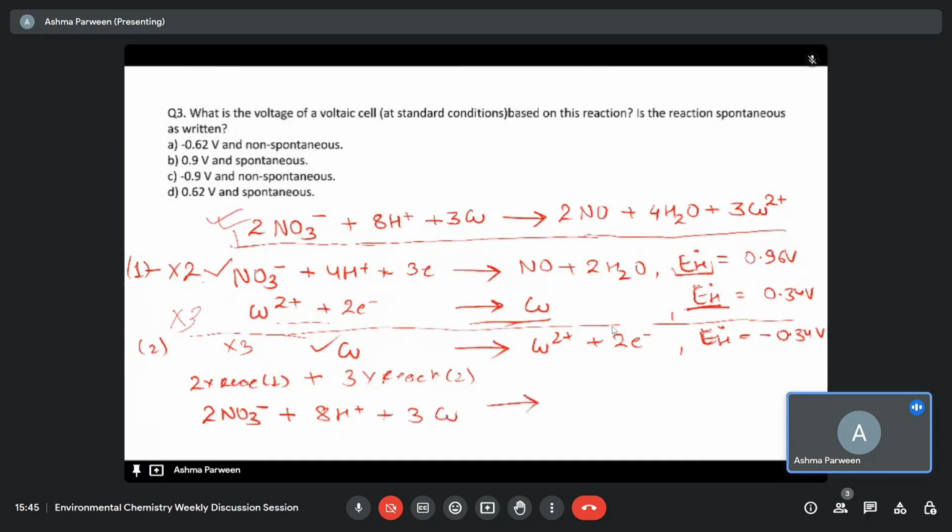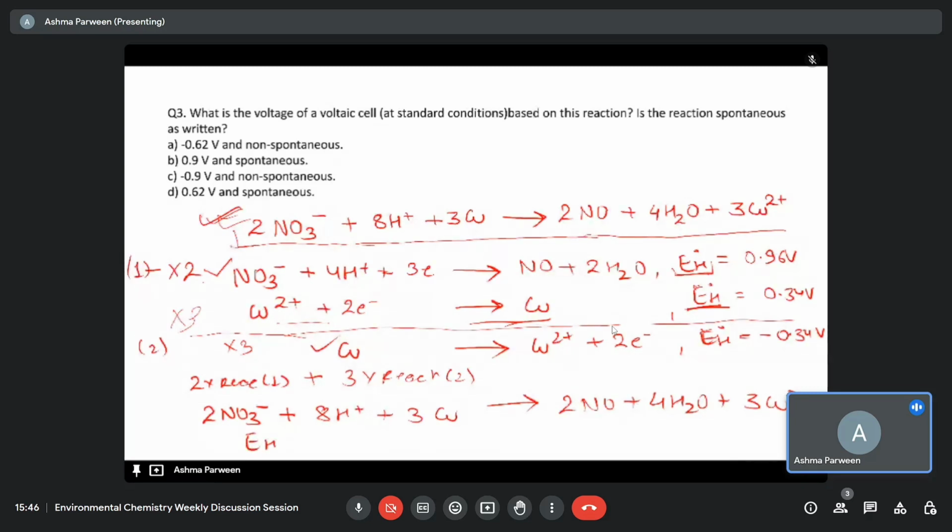It will give us 2NO and 4H2O plus 3Cu2 plus. Now this reaction is similar to the given reaction. So we have to find the E for the overall cell.